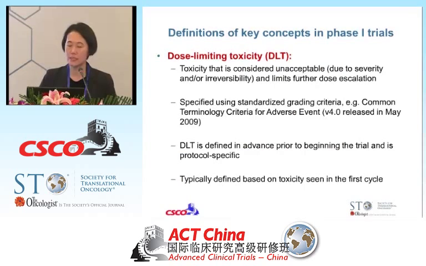DLT is something very familiar to all of you. Really, it's a toxicity or an adverse event that is considered unacceptable, either because it's too severe or it's moderately severe but irreversible, or it's just chronically irreversible, something that you'll have to live with for a long time, and obviously patients who are sick already do not appreciate that. And we try to accept a certain amount of dose-limiting toxicity without affecting all the patients that we are putting on a clinical trial, because obviously that is not a safe dose.